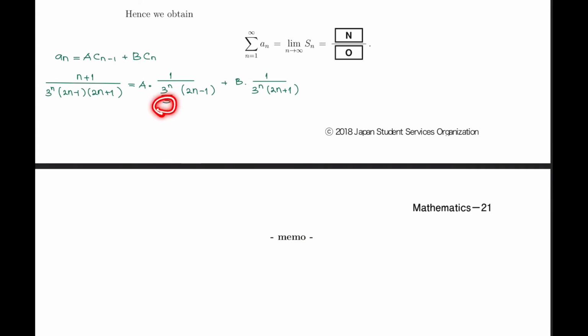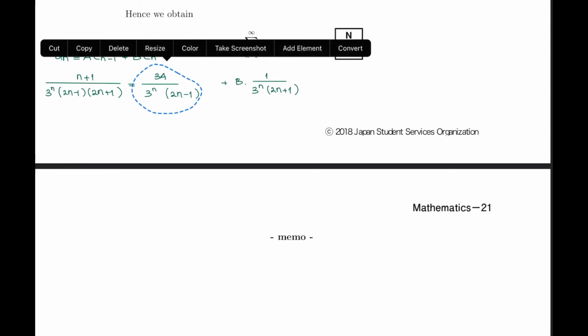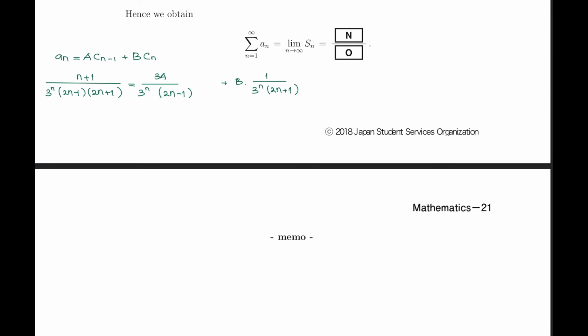And then the 3 here can be moved to the numerator. So I will erase this, and this expression becomes 3. And then if I multiply A by 3, I will get 3 times A, which is 3A. So after we simplify the expression, I will get this.